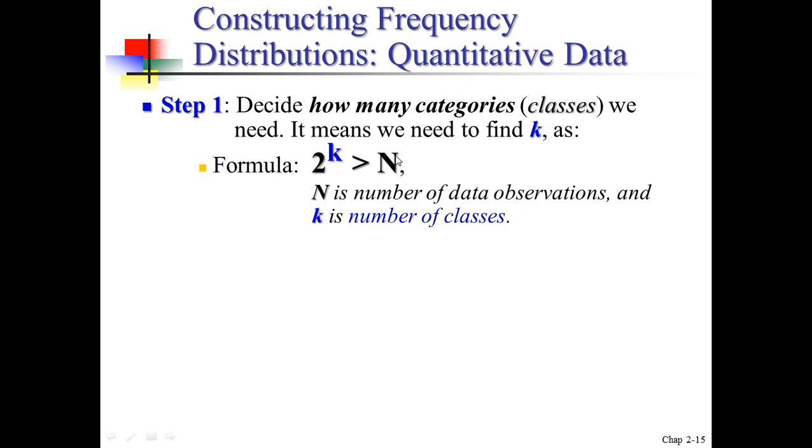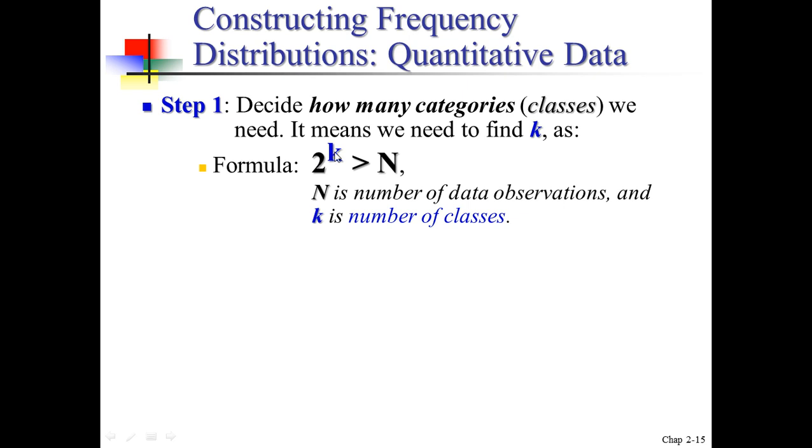Let's check. 2 exponent 2 is 4, smaller than 50. 2 exponent 3 is 8, sorry, 8, not 9. 8 cannot be greater than 50.